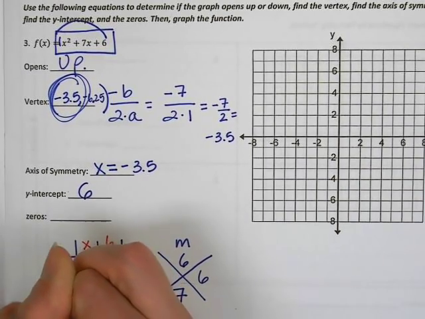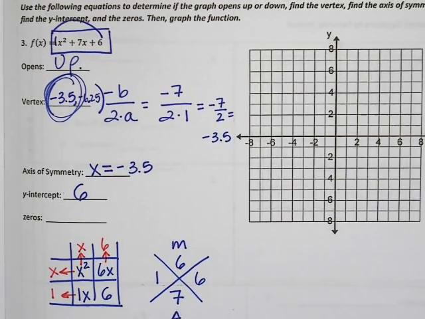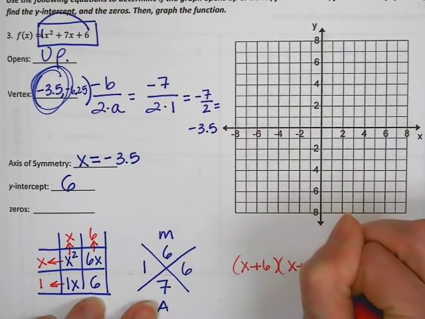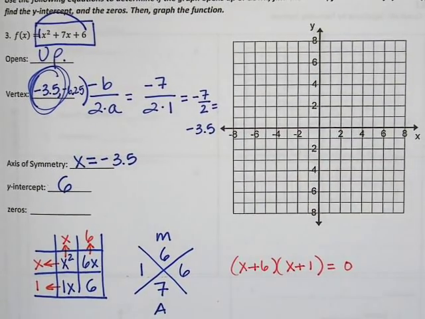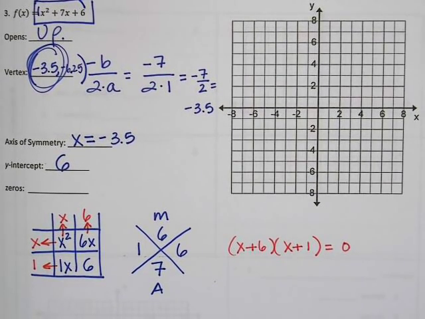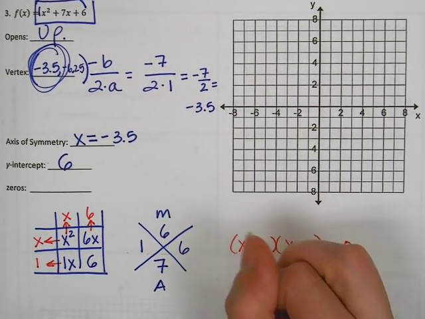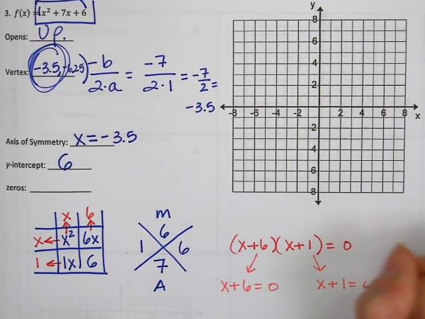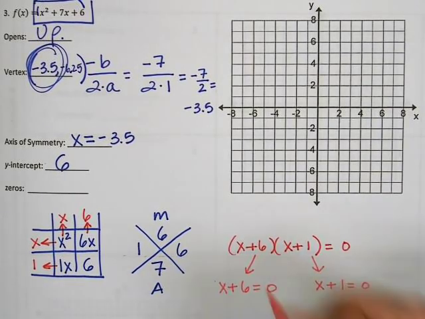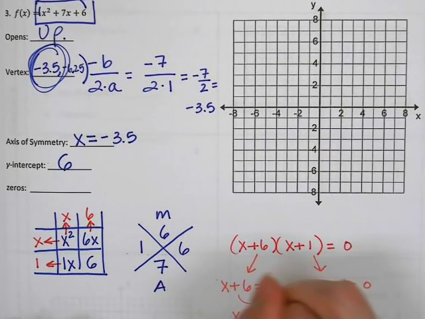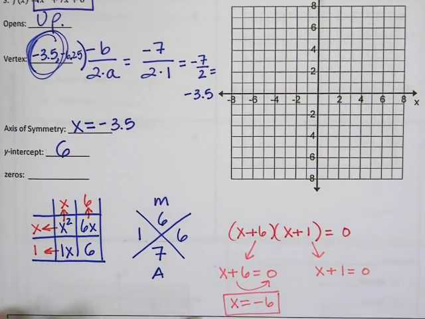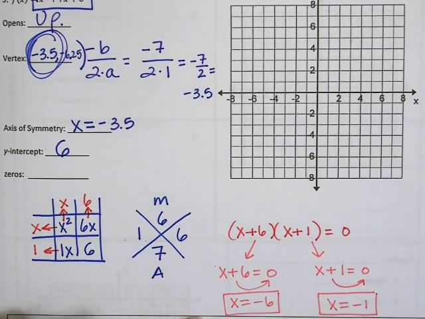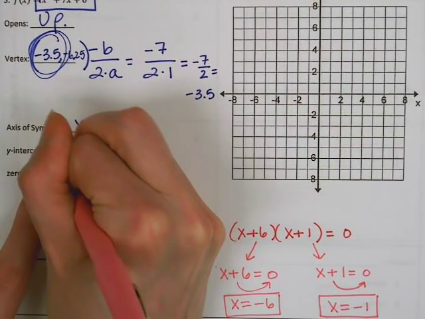And GCF here is 1. Okay, so when we write it, it's x plus 6 times x plus 1 equals 0. And now we want to solve them. So we use our 0 property. When either x plus 6 equals 0 or x plus 1 equals 0. And then if you solve those, this one ends up being subtracted, so it's negative 6. And this one ends up being subtracted over, so it's negative 1. All right, so our zeros are at negative 6 and negative 1.